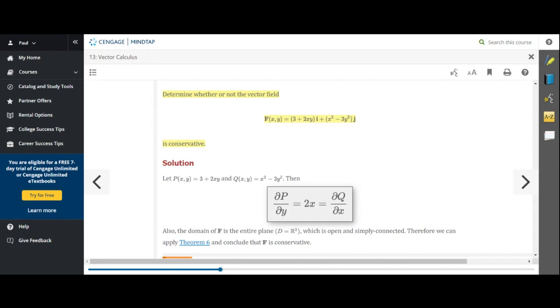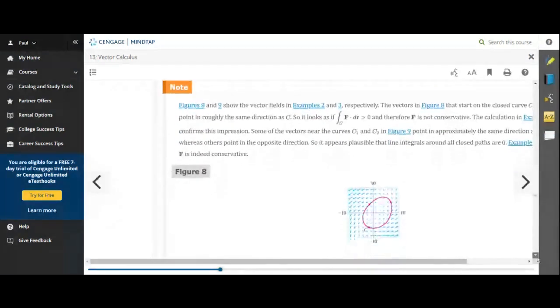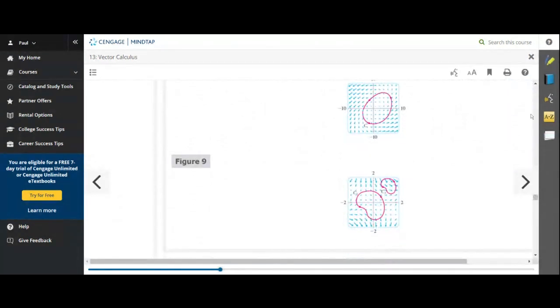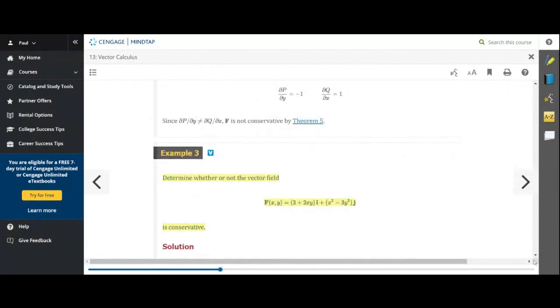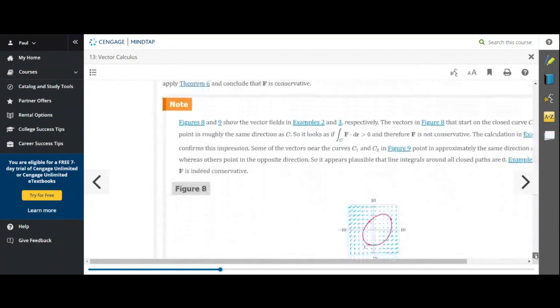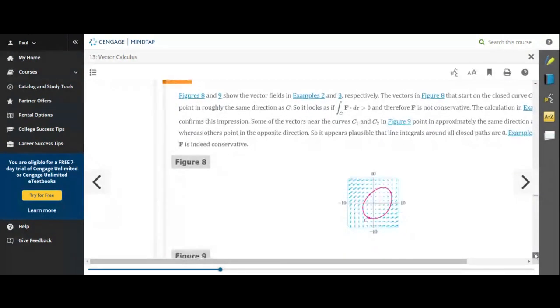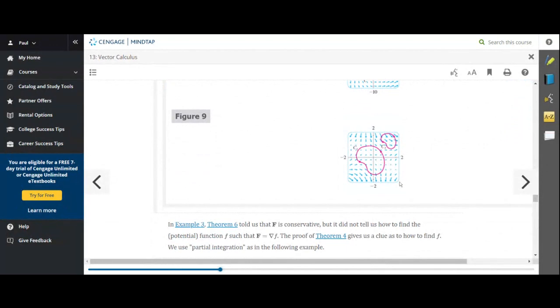And actually what they've done is they have a picture of that vector field in figure 9. So figure 8 was the vector field for example 2, but figure 9 is the vector field for example 3, where we had a conservative vector field.